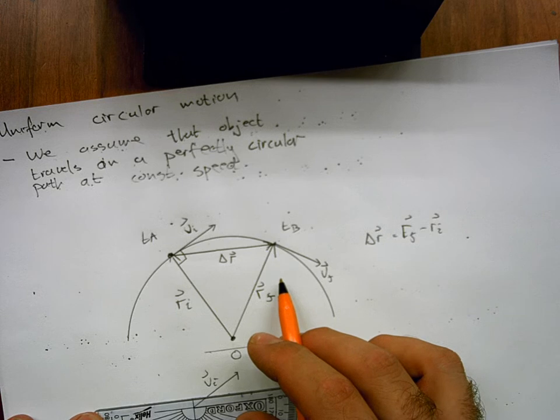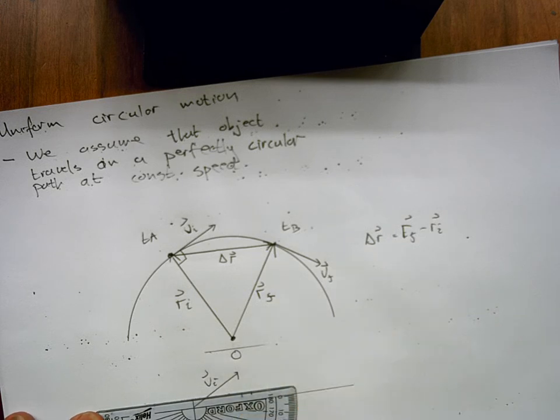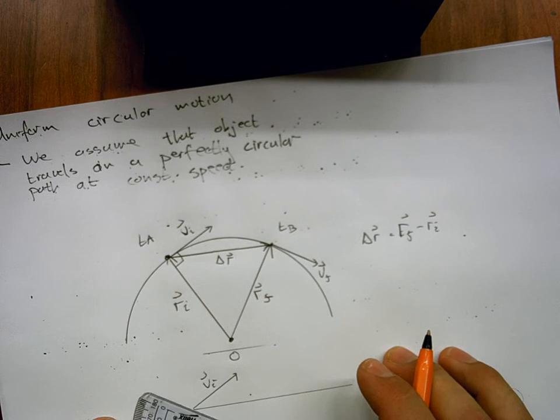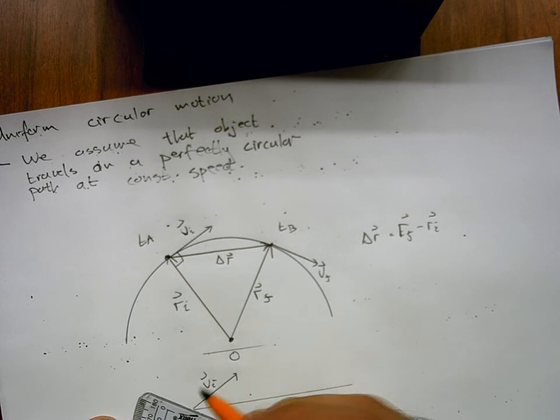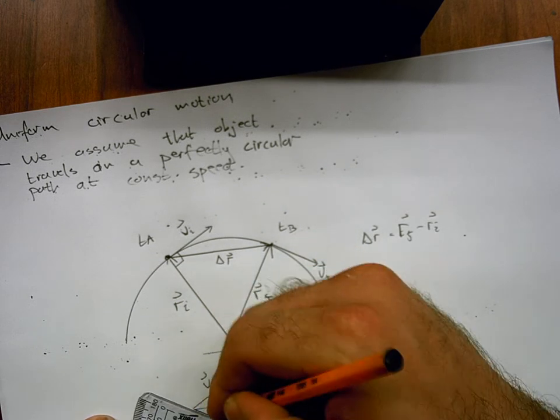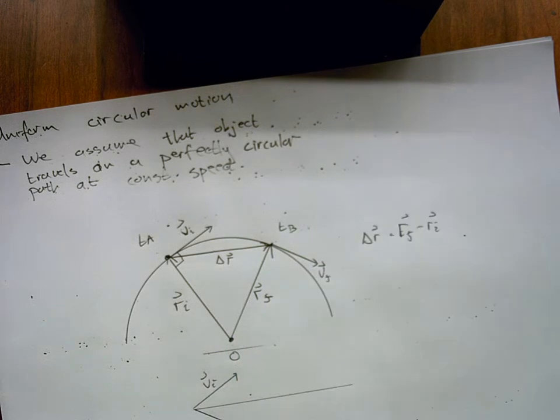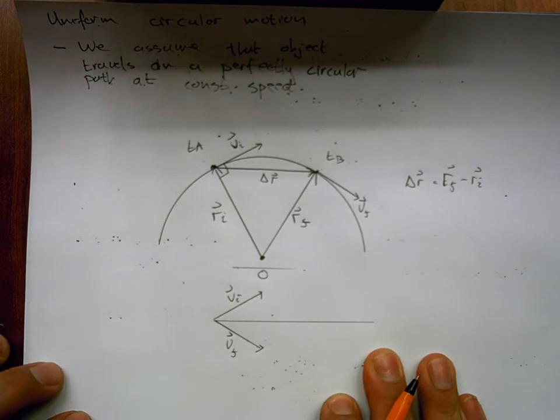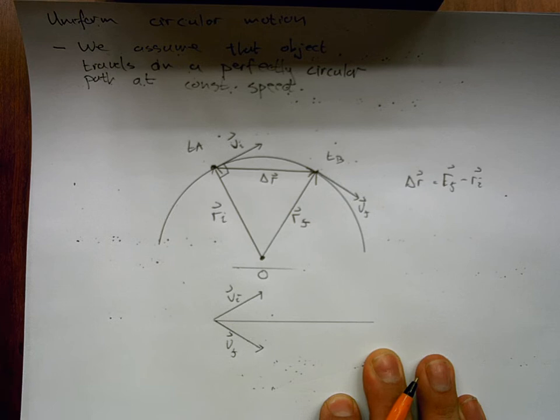So I can draw my final velocity in over here, like so. And remember, they have to be of the same magnitude, because we assume circular motion implies the speed does not change, so the velocity's magnitude must remain the same.